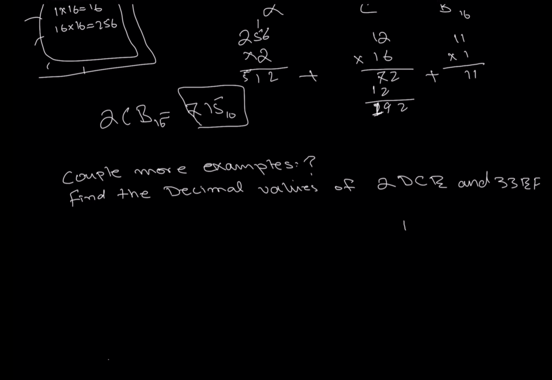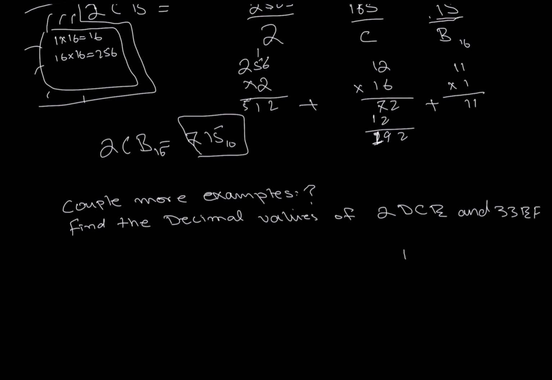So it will be 1s. The second one will be 1 times 16, which is 16s. The third one is 256s. And that times 16 will make it 4096s. Now you place each value there.